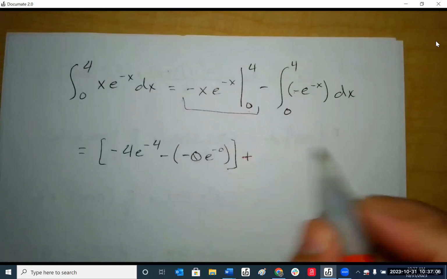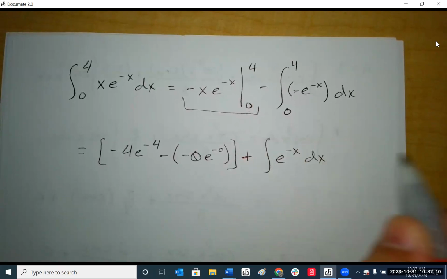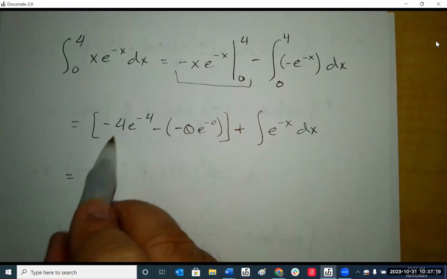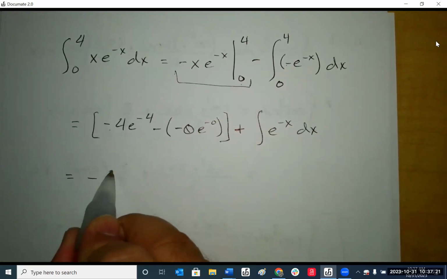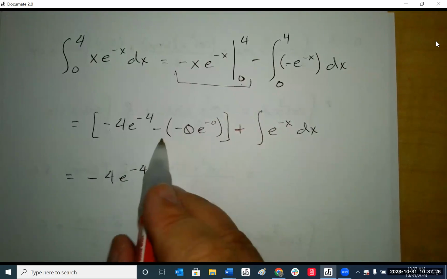That becomes a positive. We have negative 4 e^(-4). That goes to 0.